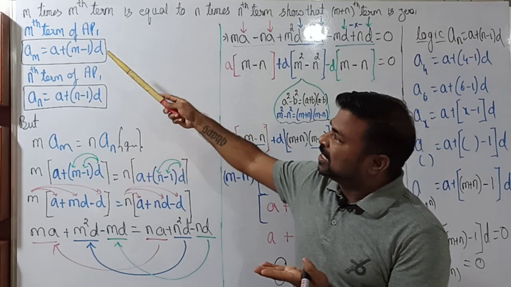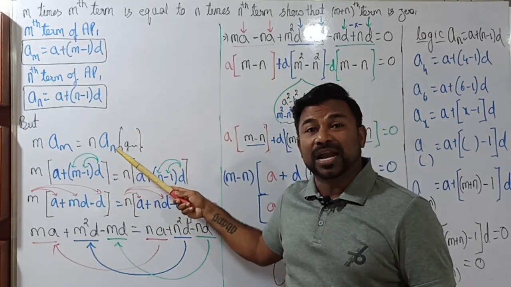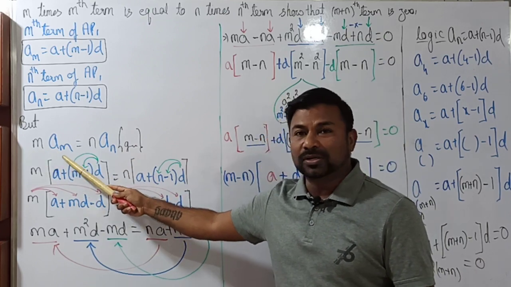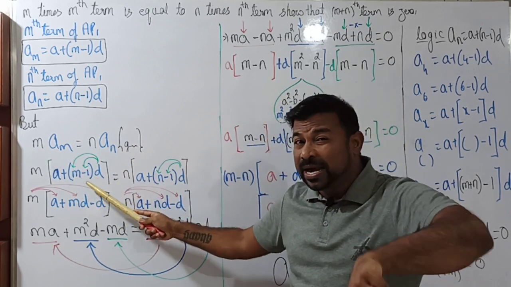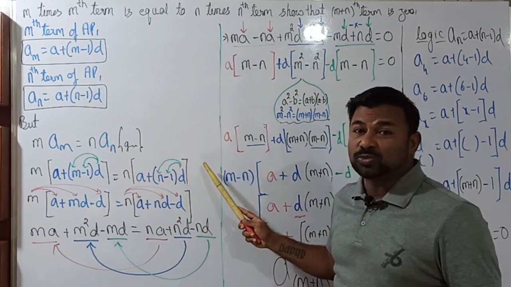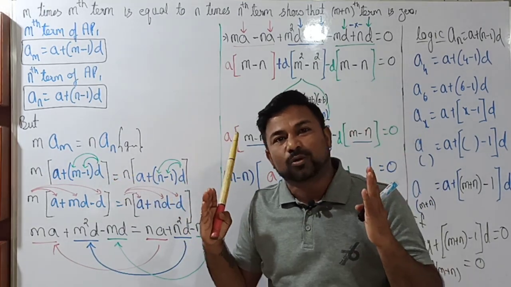Now let's plug in the values of the mth term and nth term in the given condition. That is, m times the mth term, a plus (m minus 1) into d, equals n times the nth term, a plus (n minus 1) into d. This is the equation given in the question.